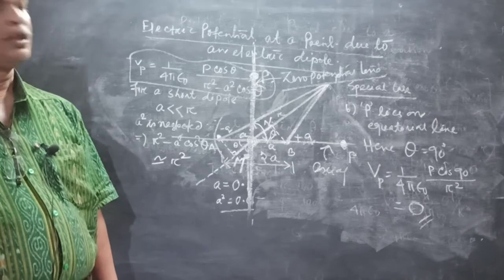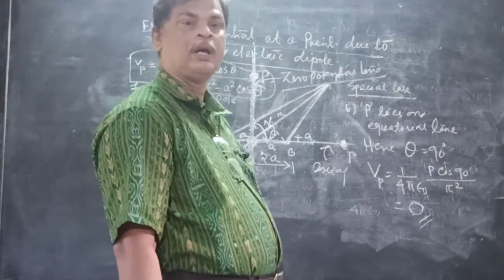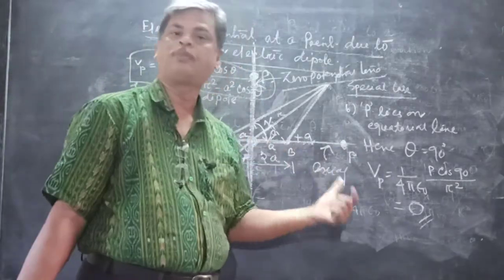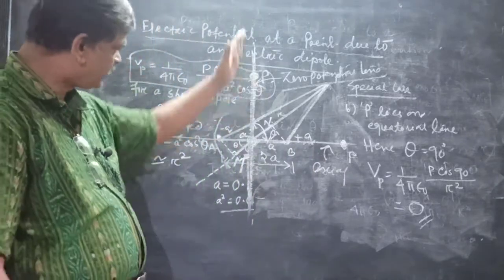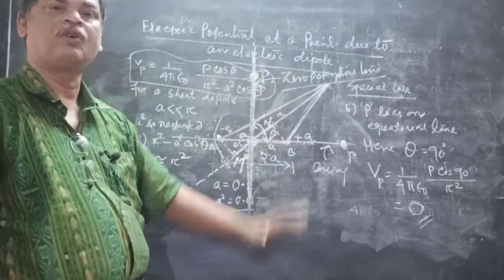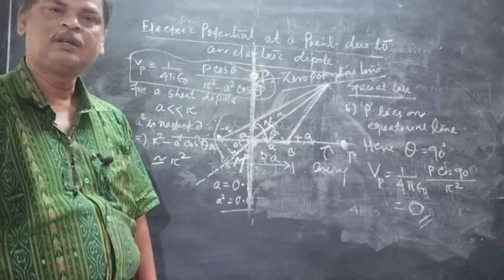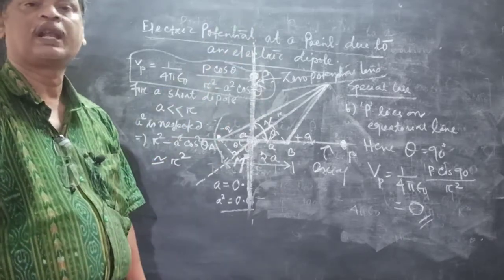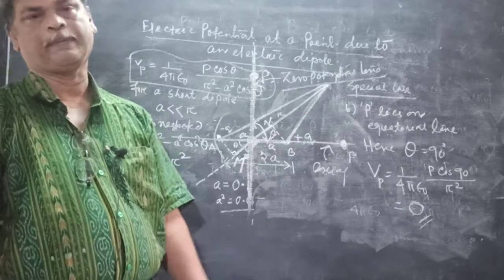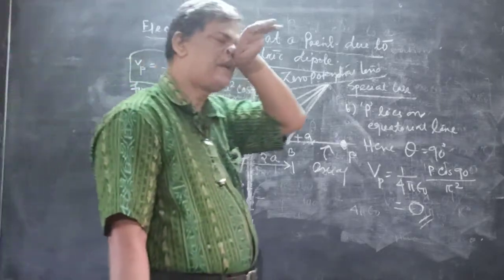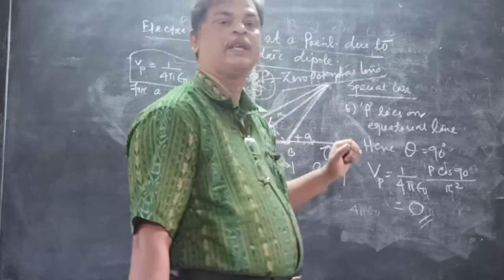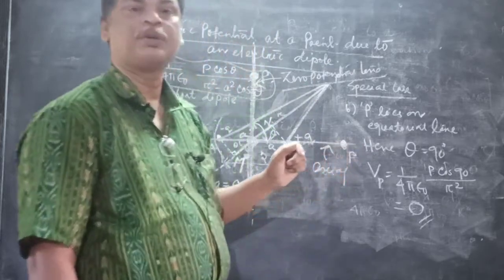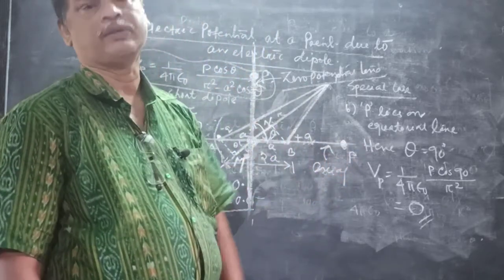Clear? So a question can be asked in the case of an electric dipole. The potential on the equatorial line is 0, but the electric field intensity? What is the electric field intensity at any point on the equatorial line? Not 0. The electric field intensity at any point on the equatorial line is 1 by 4 pi epsilon 0 P by r cube.